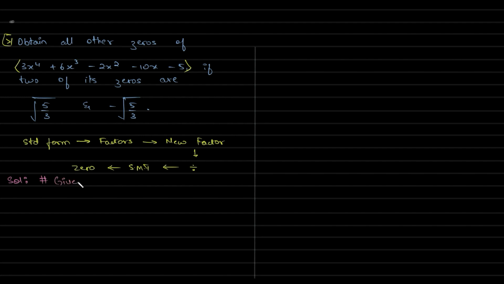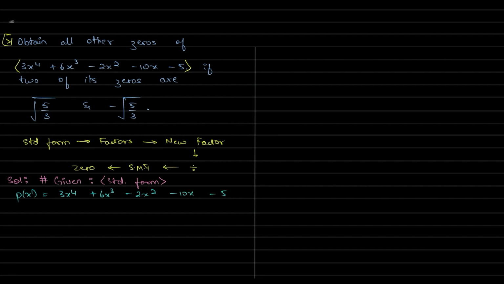Okay, so we have been given this, and we'll be writing it in standard form. So we have p of x is equal to 3x to the power of 4 plus 6x cube minus 2x square minus 10x minus 5.